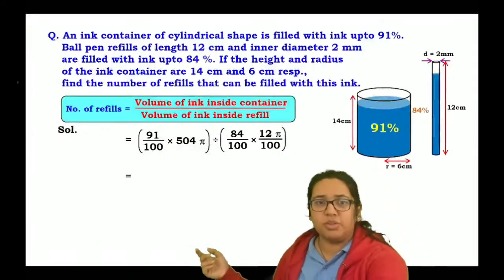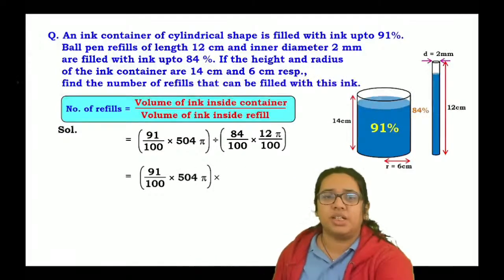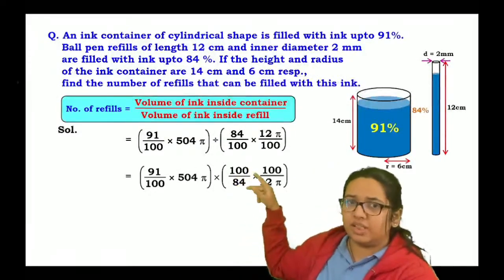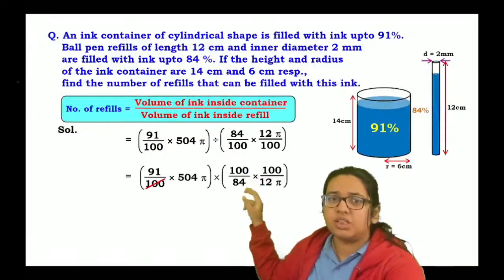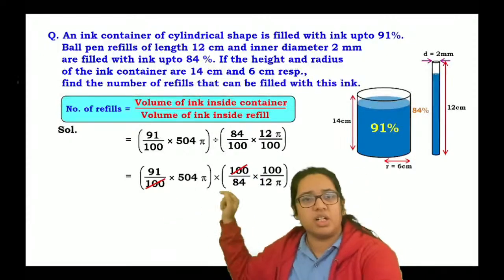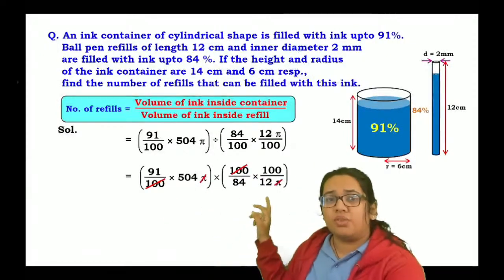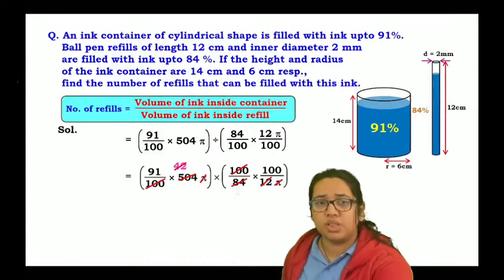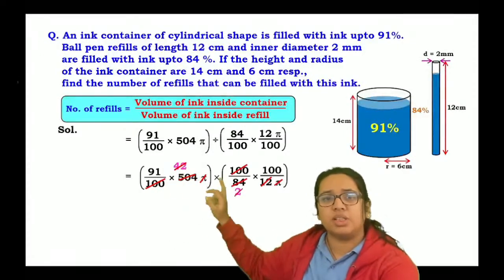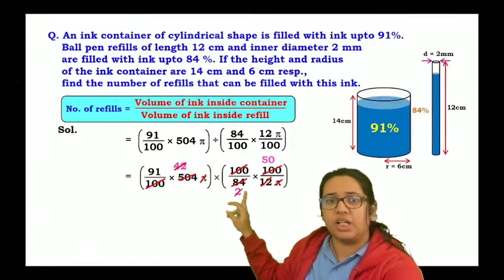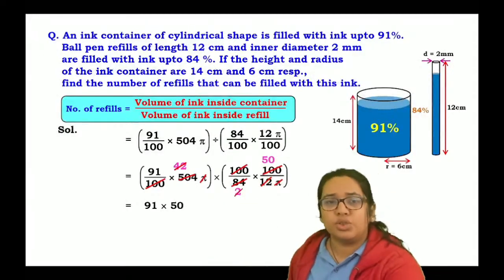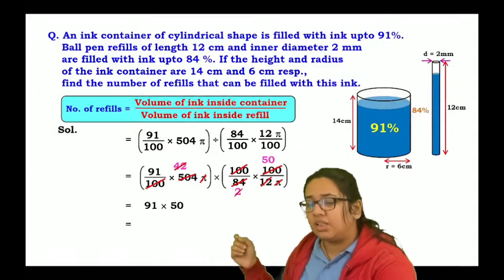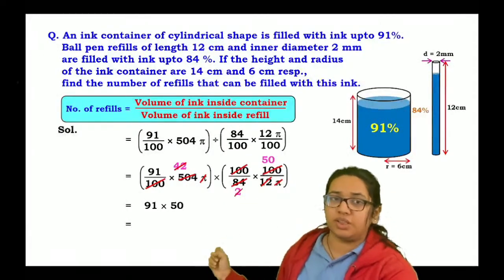Division is multiplication by the inverse. The 100 will get cancelled, and the pi will get cancelled. 12 ones are 12, twos are, and again 41 ones are 42 fours are. Again 2 ones are 2, 50s are. So in all you will get 91 into 50.